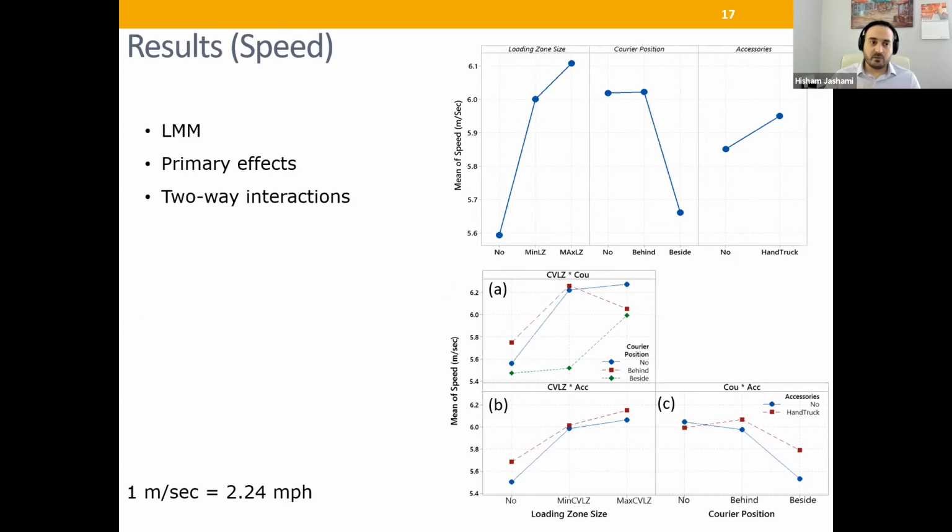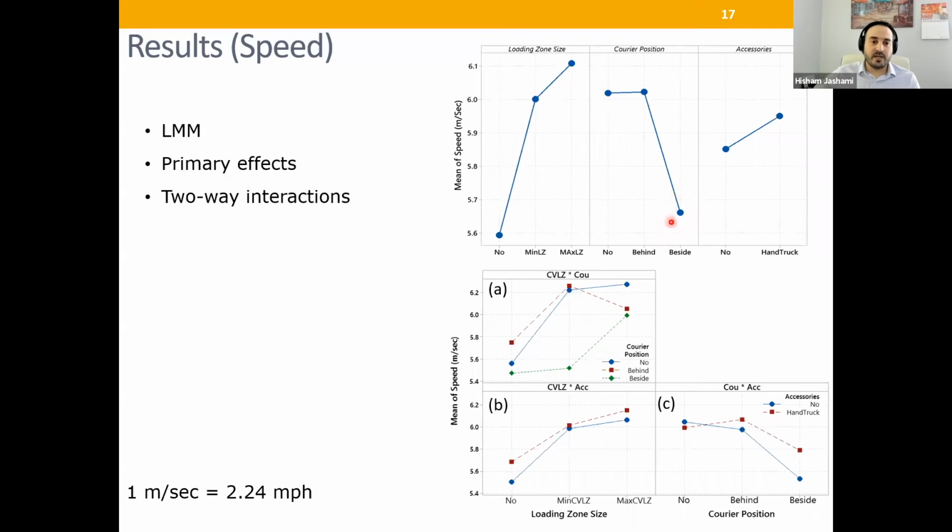The other outcome that we tested is the speed. The figure on the top plots the mean speed on the y-axis, with each level of the treatment variables on the x-axis. So regardless of the carrier position and accessories, cyclists tended to have higher speed at the maximum loading zone or the minimum loading zone compared to the no loading zone conditions. While the lowest speed was observed when the carrier walks along the driver's side. What I'm talking about is this point right here.